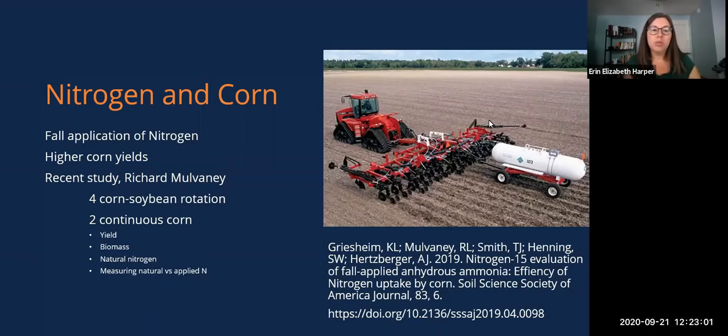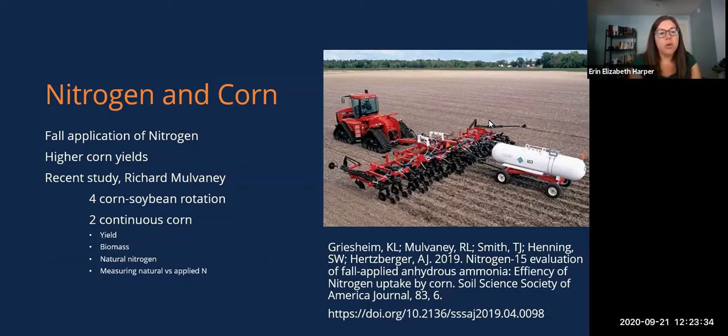So in a more recent study, the one that is cited here, they looked at 6 different fields. This isn't research fields on campus, which is what a lot of the original studies used, the same fields over and over again to see if different applications were having a different impact. With the newer study, they're using farmer fields around the state, or in other studies even around the country, and looking at how this really applies in the field.